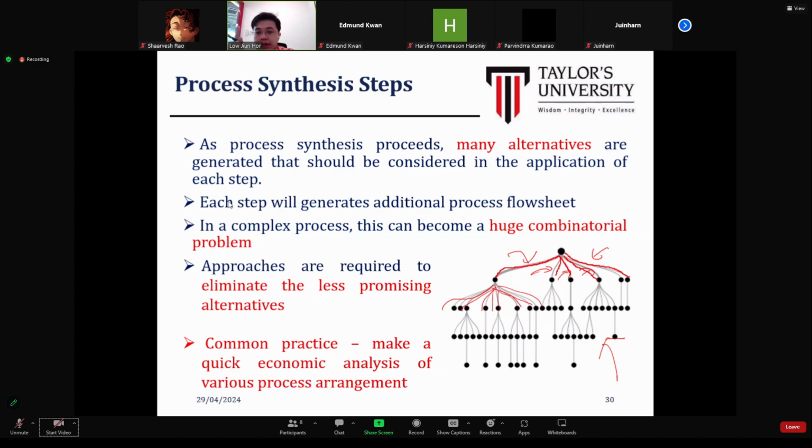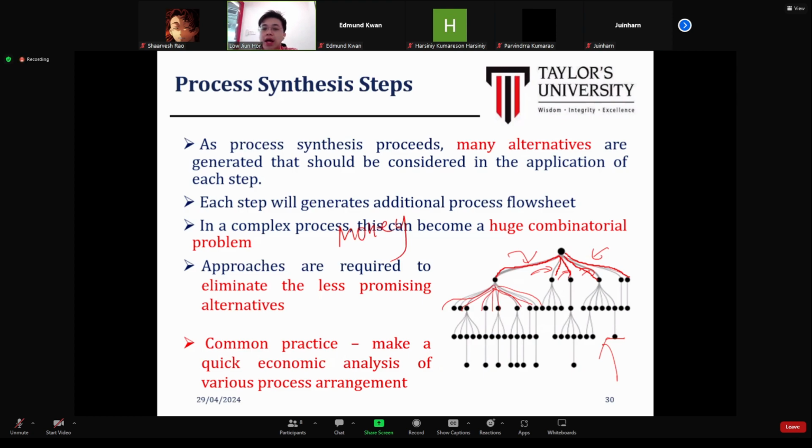The first criterion that we use to assist us in doing the screening to eliminate the bad chemical reaction or possible rough process pathway is money. I told you already, the top priority, because we want to make profit, we want to generate money.